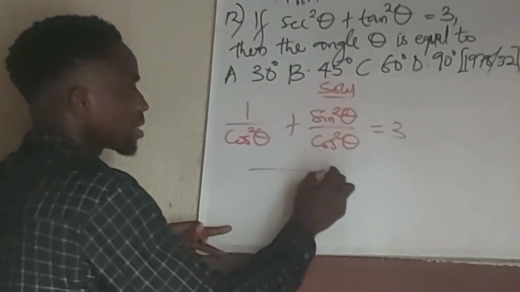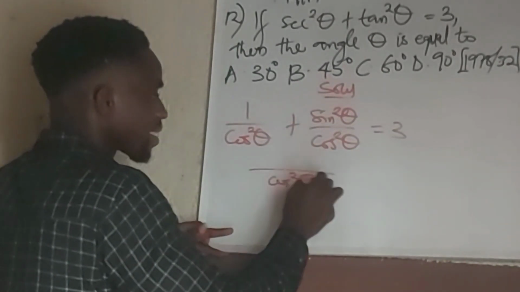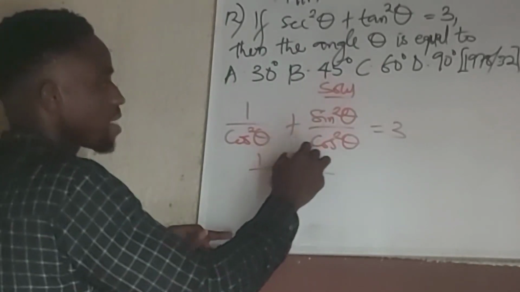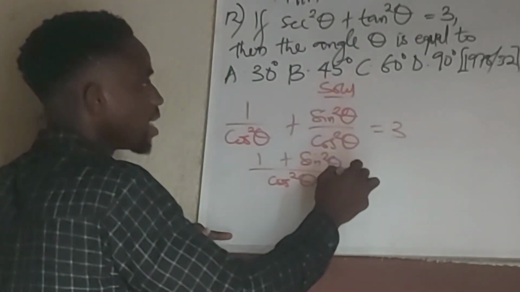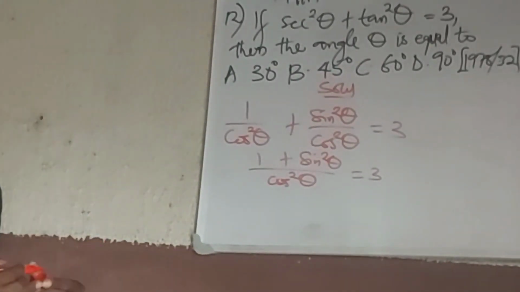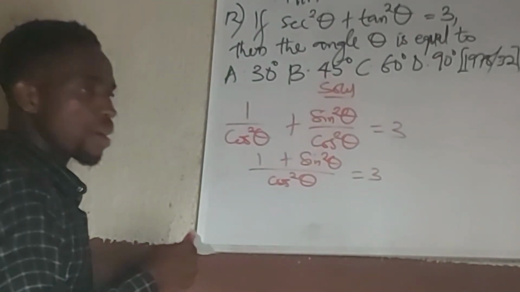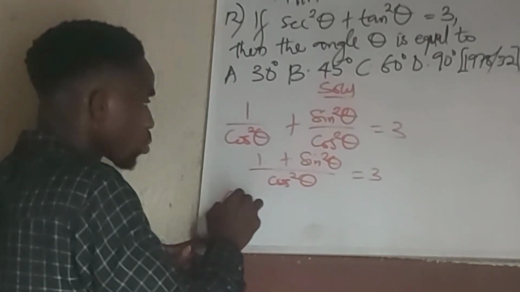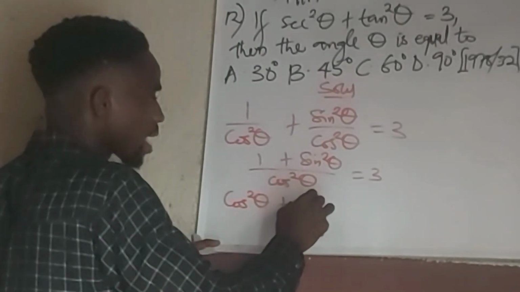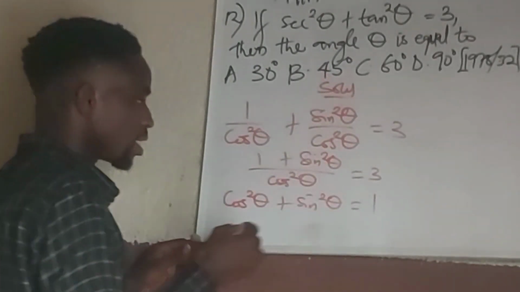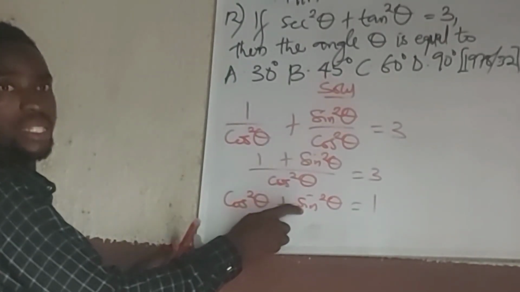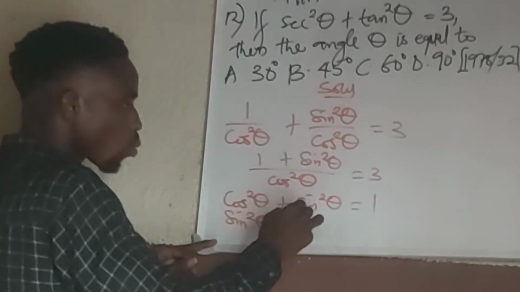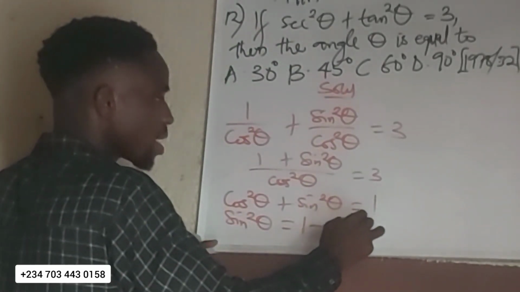The LCM of this, the common term, is cos squared theta, right? And then we have 1 plus sine squared theta all over cos squared theta is equal to 3. But recall again, when we learned the trig ratios, we said that cos squared theta plus sine squared theta is 1. So if I make sine squared theta the subject, I have sine squared theta is 1 minus cos squared theta.